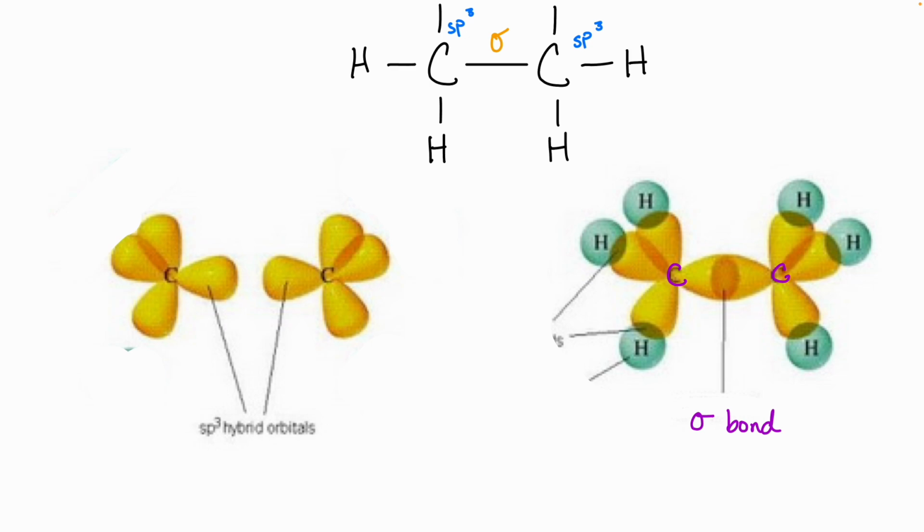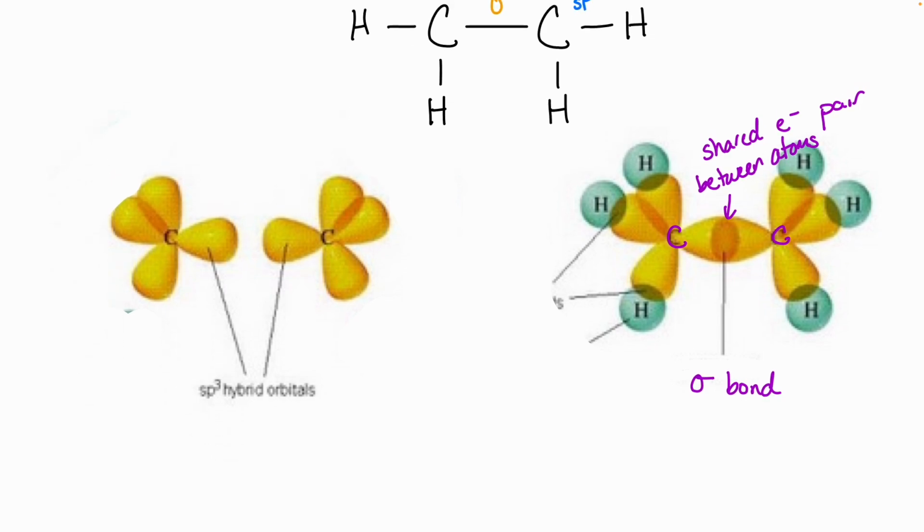So again, sigma bond, that shared electron pair is between those atoms. That pair of electrons is well buried in that molecule. It's sitting there between those two carbon atoms. It's hard to get to, which is again why alkanes aren't very reactive.